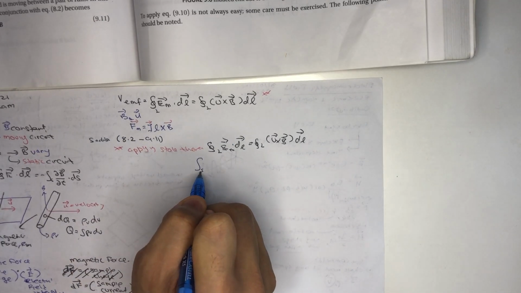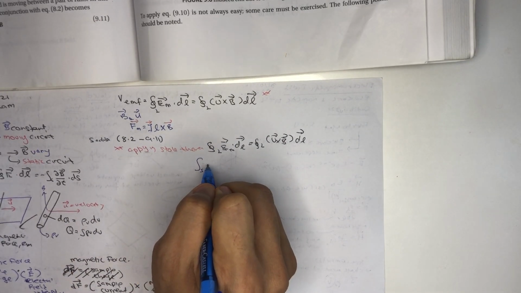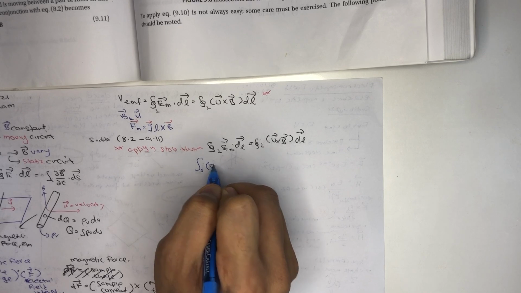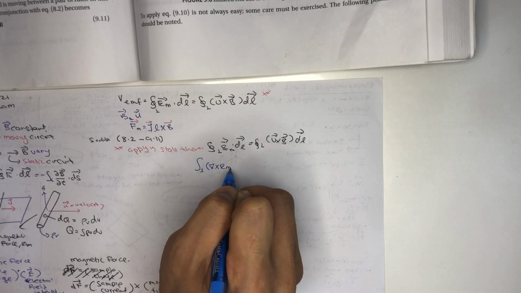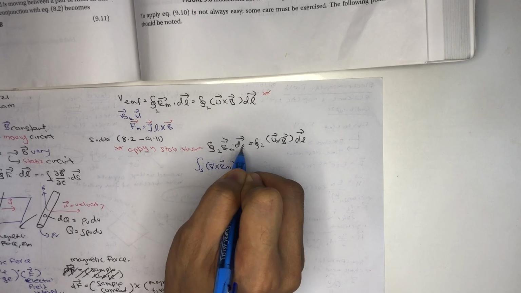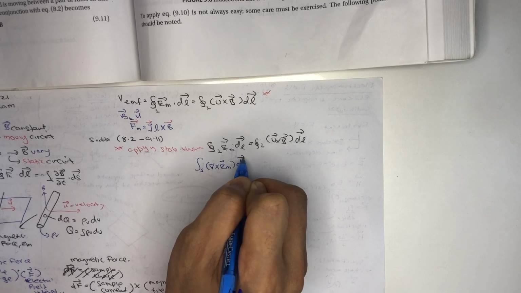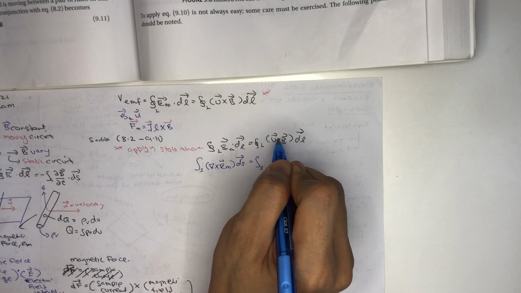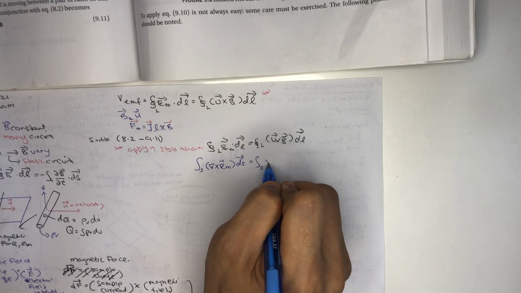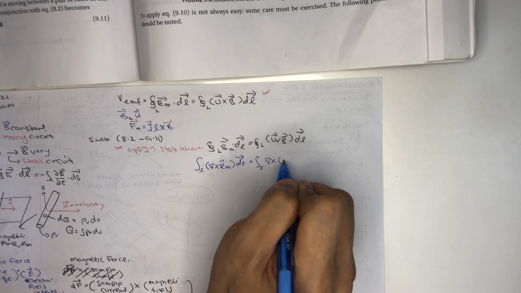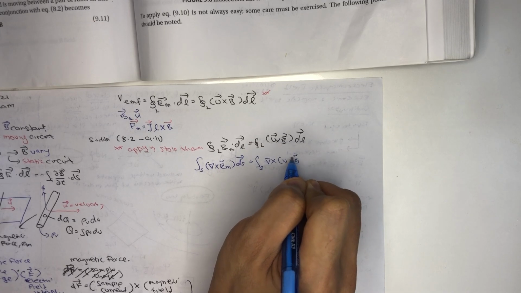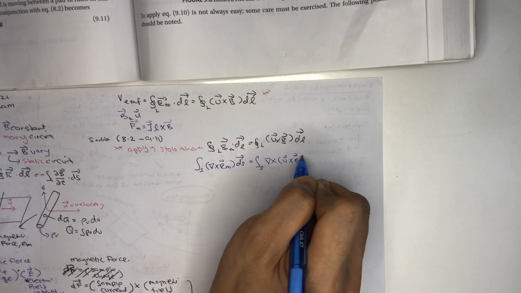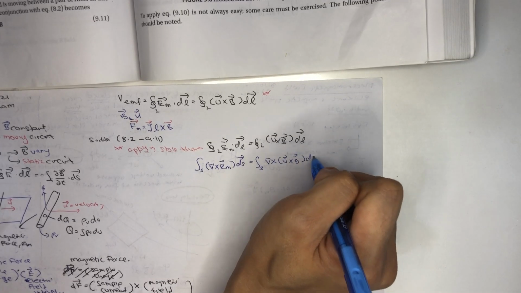surface integral. Now we have the surface, then we have curl of EM, and this one ds, a surface integral. And this one is what? This one is another curl, curl of curl, then dl we have a ds.